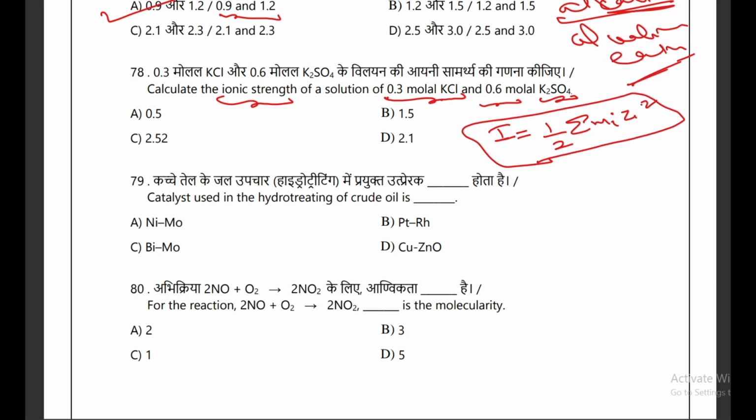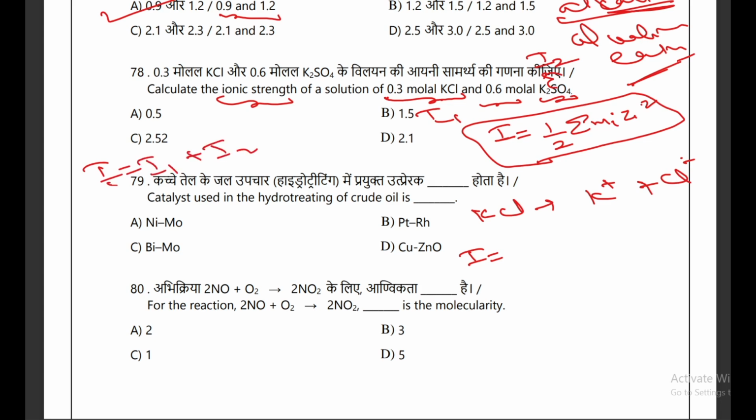KCl will ionize into K positive and Cl negative. You can take its ionic strength as I1, and for K2SO4 it is I2, and the total ionic strength will be the sum of both.